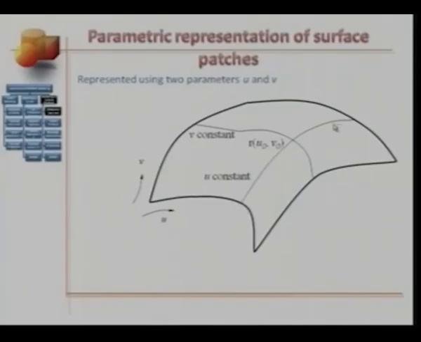So along this curve, u is, say, u sub 0, and along this curve, v is, let's say, v sub 0. You can think of constructing tangents along these two curves. At this point, along this curve, let's say we have this tangent represented by r sub v, because it's along the v direction. Likewise, we can have a tangent along this curve at this point represented by r sub u, which is along the u direction.